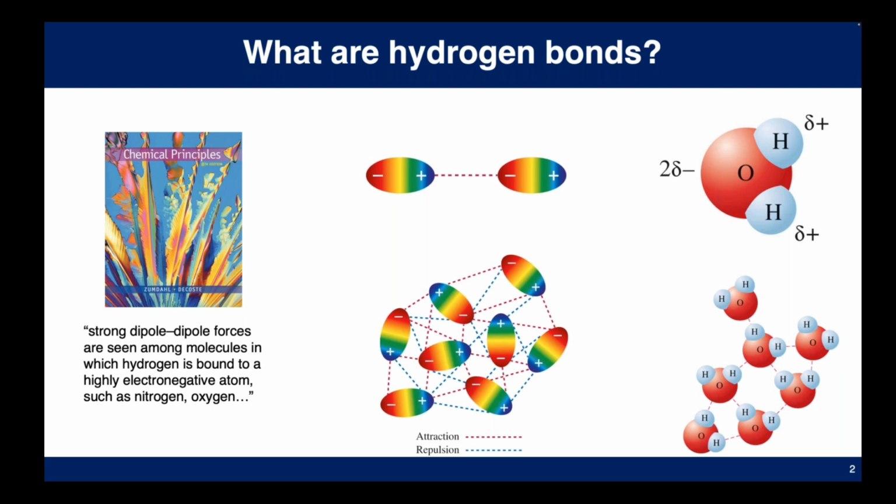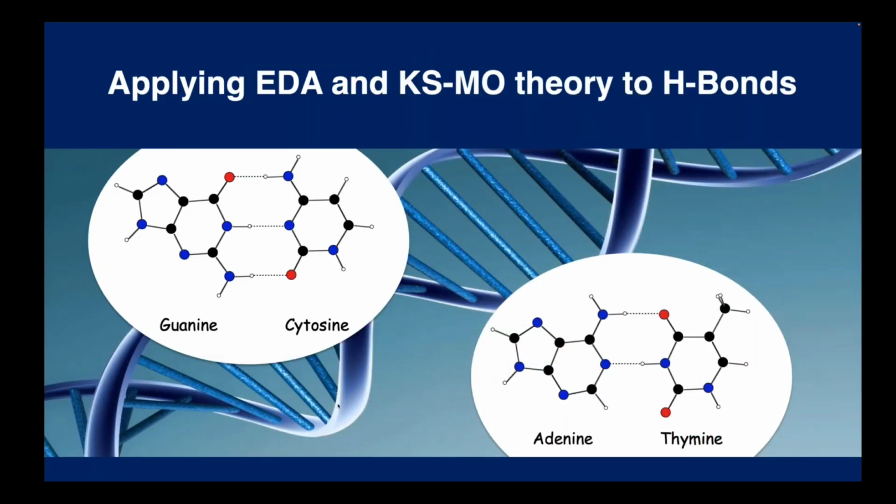But today I want to show you, by applying the energy decomposition analysis together with Kohn-Sham molecular orbital theory, the combination of the two, we will understand that these hydrogen bondings are actually very interesting and have unique phenomena.